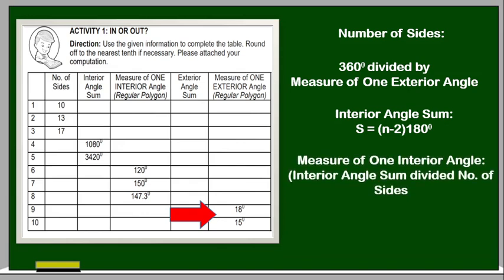Next, for the measure of one interior angle, take your computed interior angle sum divided by the computed number of sides. It's just a matter of division: interior angle sum divided by the number of sides. The exterior angle sum is 360 degrees.